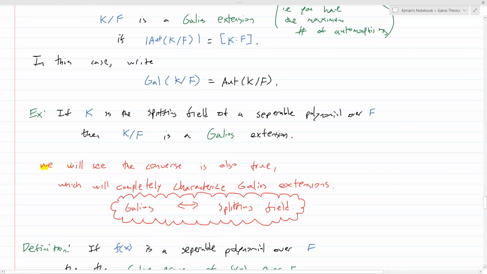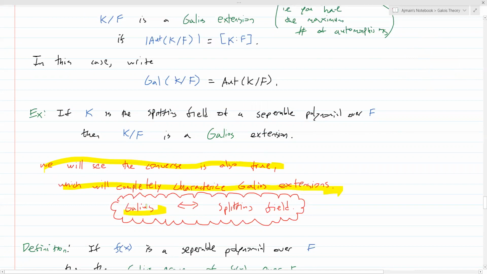And this is what I was just saying. We will see the converse is also true, which completely characterizes Galois extensions. I forgot to say: if K is a splitting field of a separable polynomial over F, then K over F is a Galois extension. That was the thing that we proved by induction up there. The splitting fields are Galois extensions.